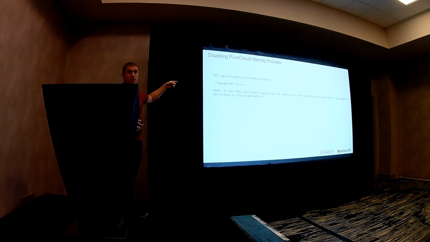It's documented on the Dev Center, so you can go to the Dev Center and look up identity providers, PureCloud, and you just send a put with disabled true, and it'll disable it for you. But a little careful catch there is if you do turn this off, you will not be able to log in if your single sign-on provider's cert expires, or if your identity provider goes offline for whatever reason. So a little caveat there.